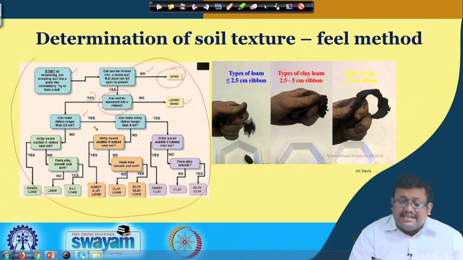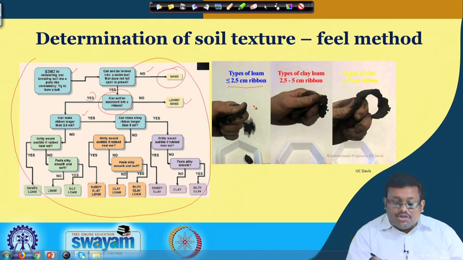For example, you can see here one soil scientist is trying to form a ribbon by kneading a soil, and the length of the ribbon is less than 2.5 centimeter. That belongs to a loamy type of soil.